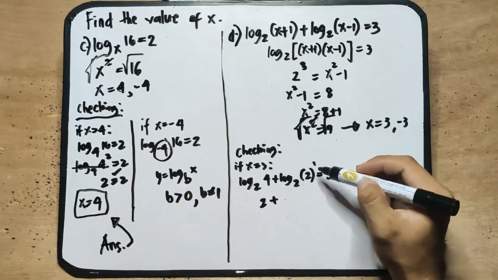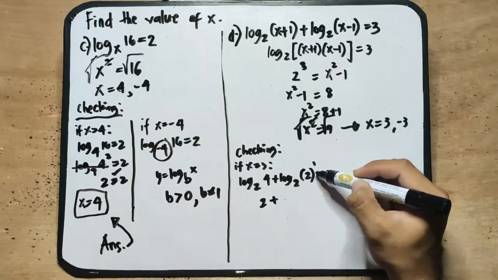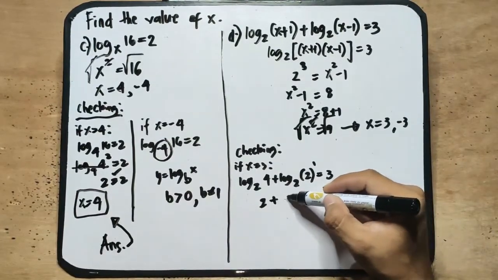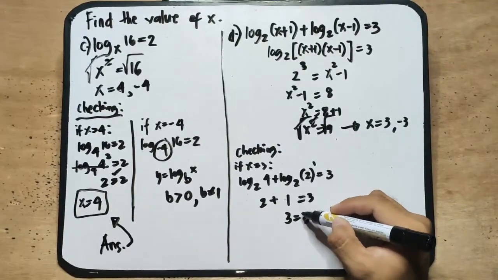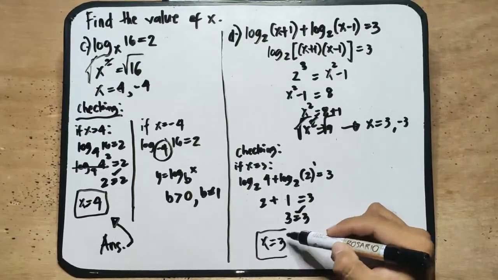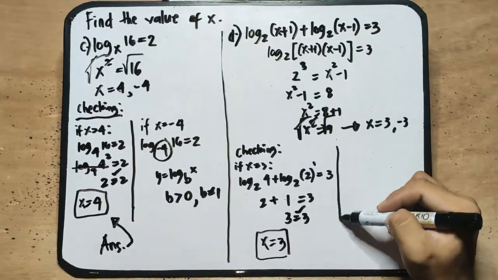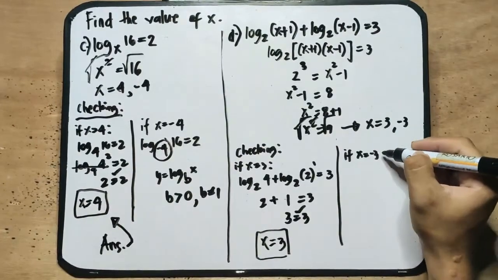And then alam natin na may 1 yan. So log base 2 of 2 raised to 1, makakancel na yan automatically. Ang maiiwan ay yung exponent, which is 1, is equal to 3. So we have 3 is equal to 3. Therefore, valid yung value na x is equal to 3.